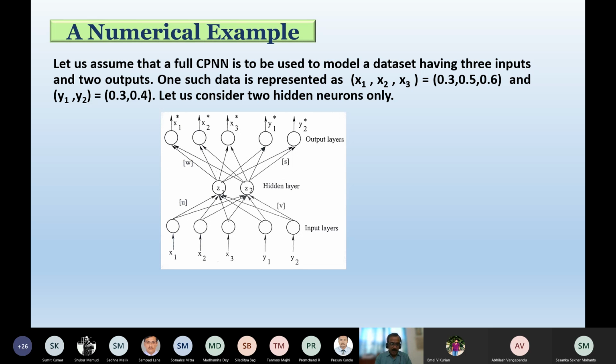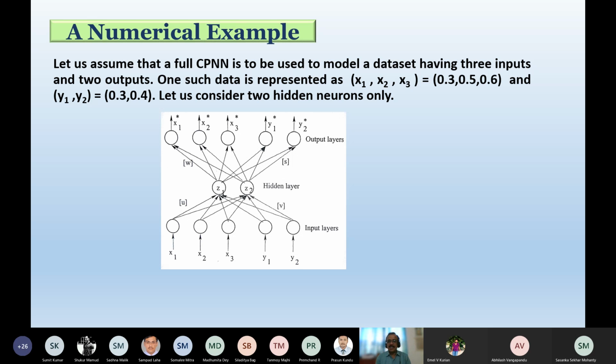Supposing that we have three inputs x1, x2, x3, that is the input process parameters, and those are kept equal to 0.3, 0.5 and 0.6. And we have two responses y1 and y2. Y1 is kept equal to 0.3 and y2 is kept equal to 0.4.